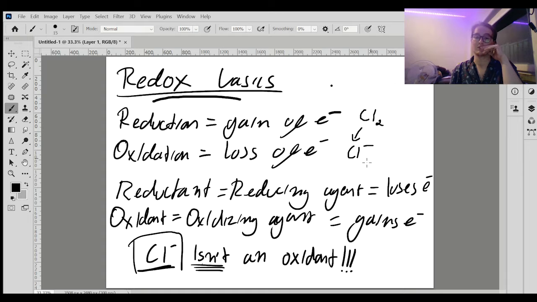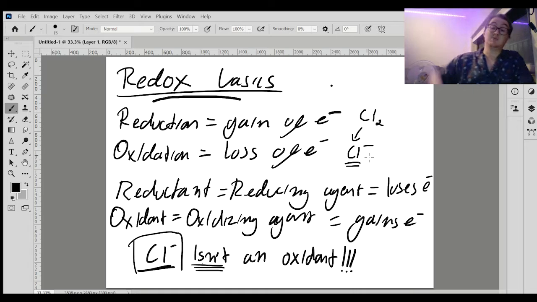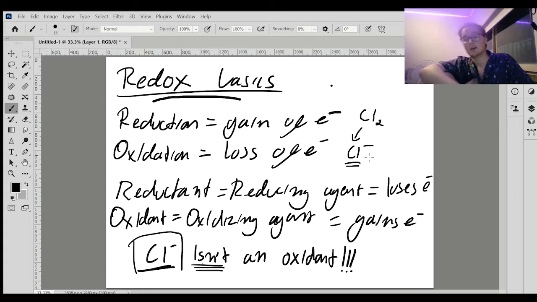This really wants to become Cl-. Once it becomes Cl-, it's happy. It doesn't want to do anything else. And short of reacting it with something like fluorine, it's just going to stay like that. It cannot oxidize something further. Mix it with lithium, it will not oxidize lithium.